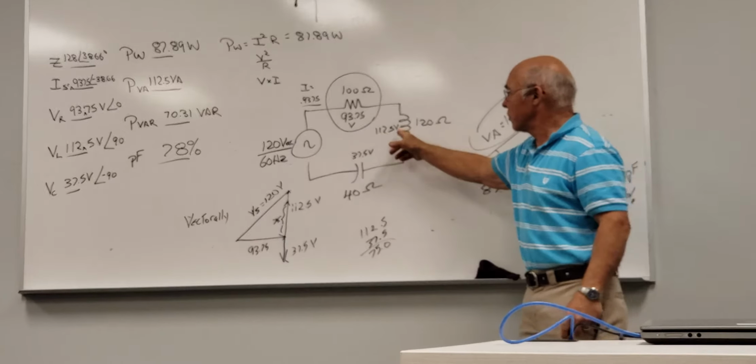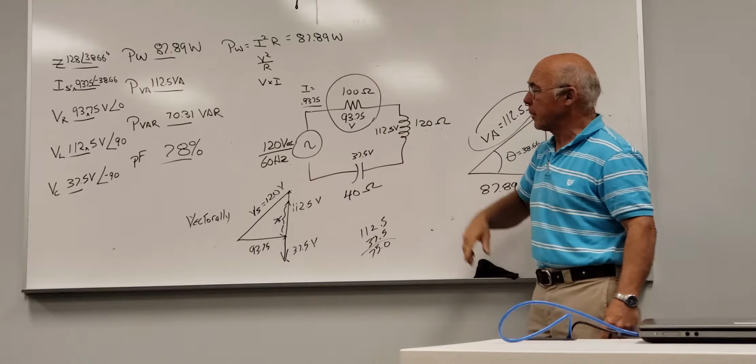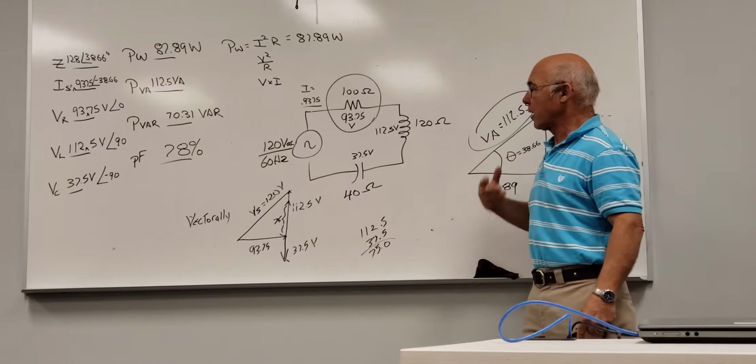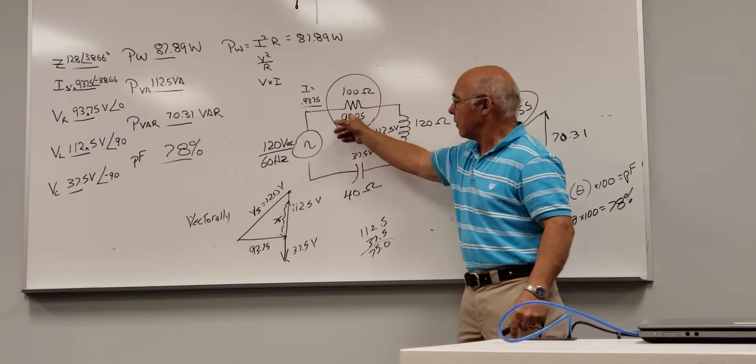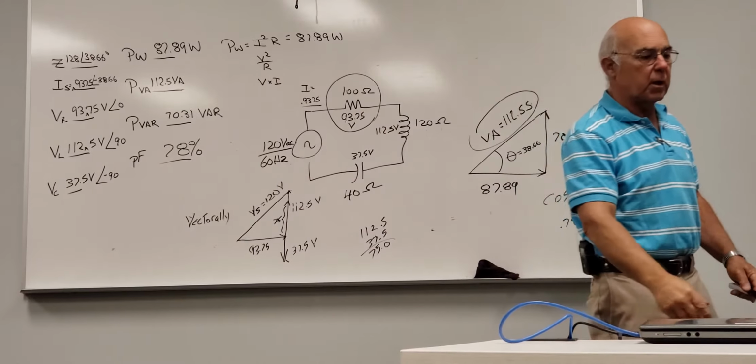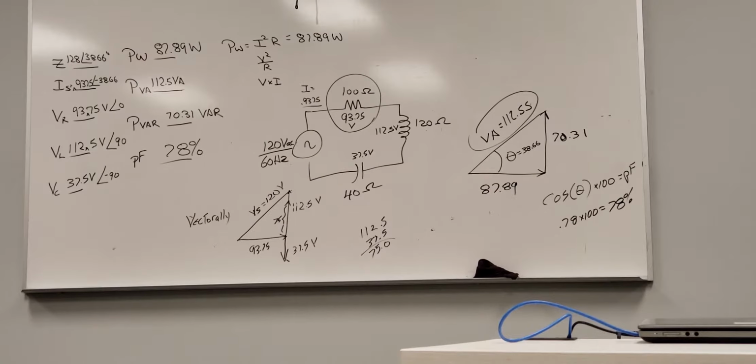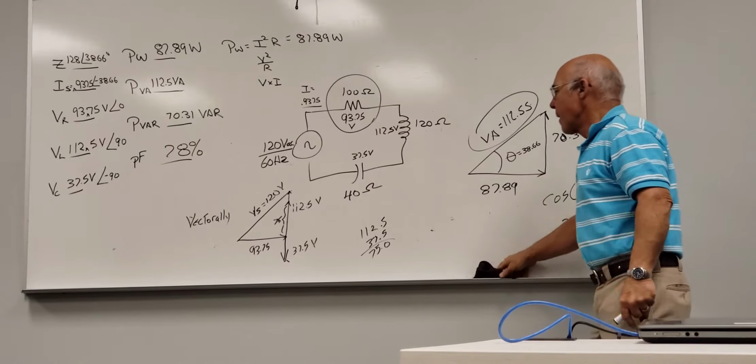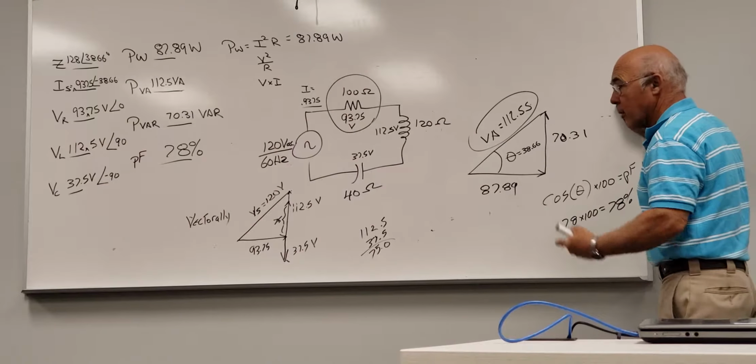All I have to do is deal with this one reactive component. I still gotta square it, add the resistor squared, take the square root for the impedance, but that's all I gotta do. Any questions on that one?